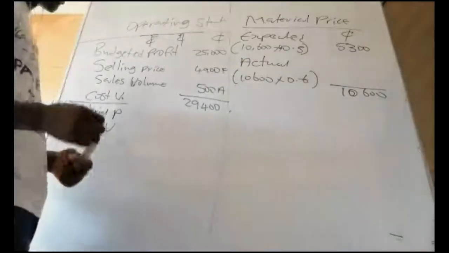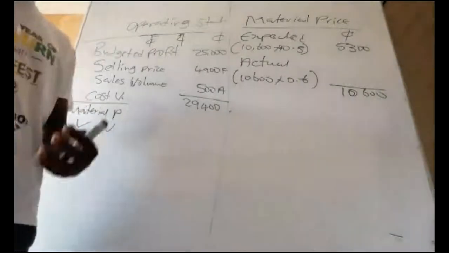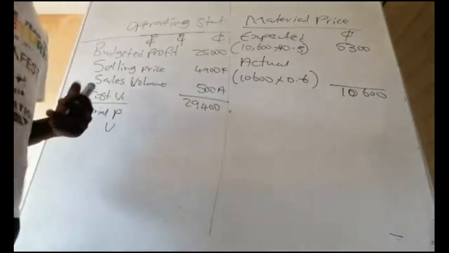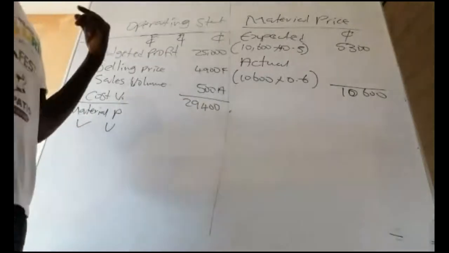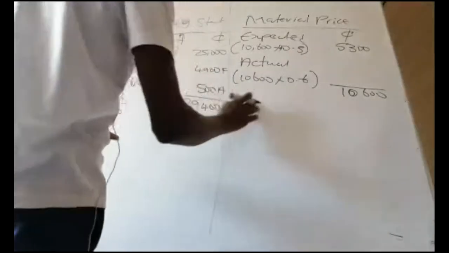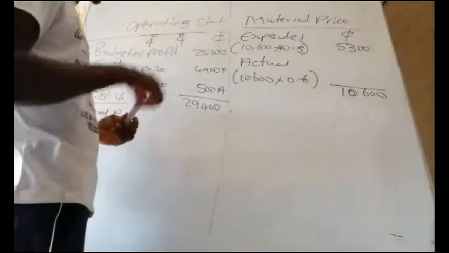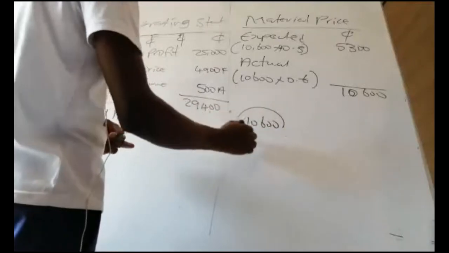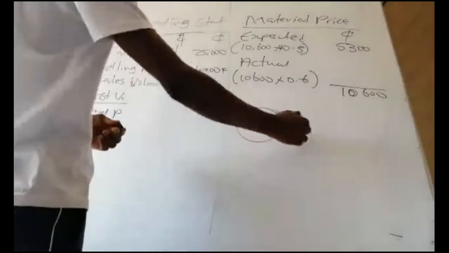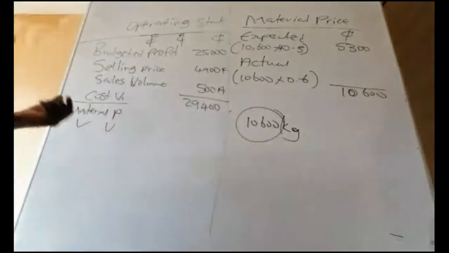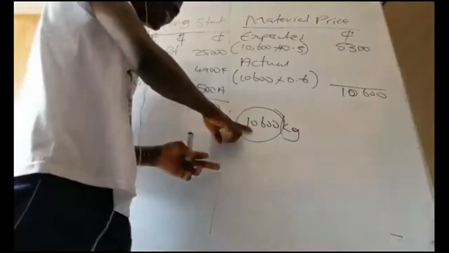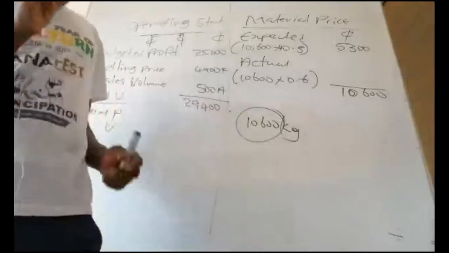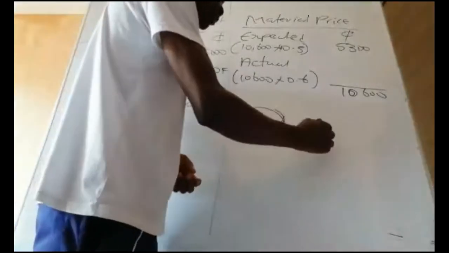So the price at which you got the materials compared to the price at which you should have acquired them per your standard. Now we have to use the actual material, which is 10,600. This is the actual materials acquired or purchased. Per the standard, how much should have been spent for one? Per the standard is 0.5.